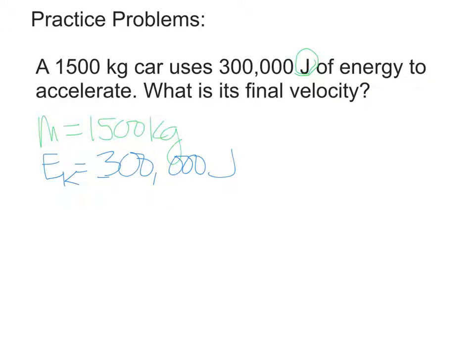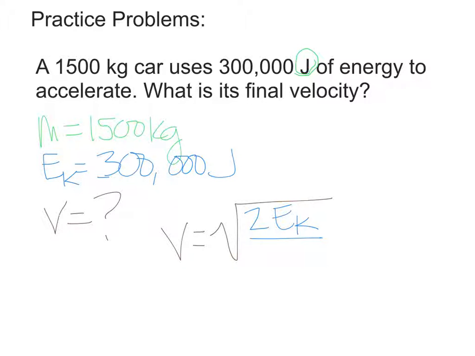In this problem, the mass is equal to 1,500 kilograms and the kinetic energy is 300,000 joules. We do not know the final velocity. So remember, if you are solving for velocity, you're going to take the square root of 2 times the kinetic energy divided by the mass.